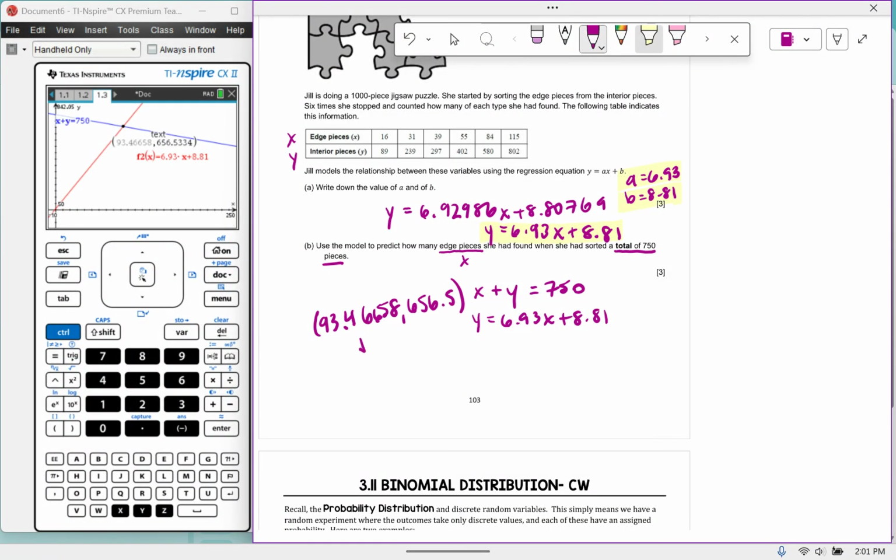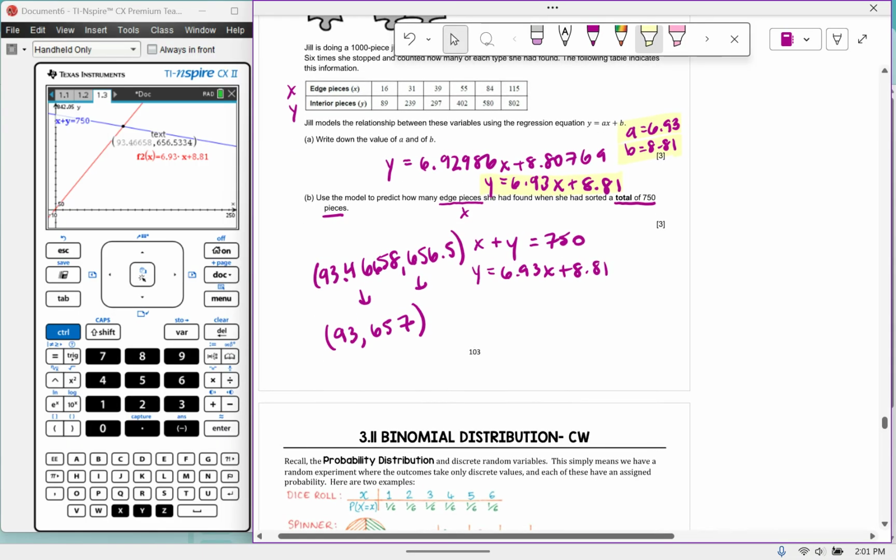Okay, so because we're talking about pieces of stuff, I'm just gonna round it to 93 and 657, okay? When you add those two numbers together, what do you get? 750, right?